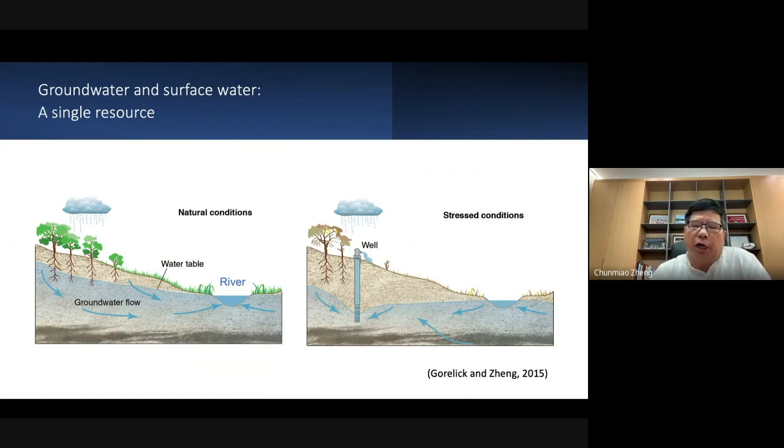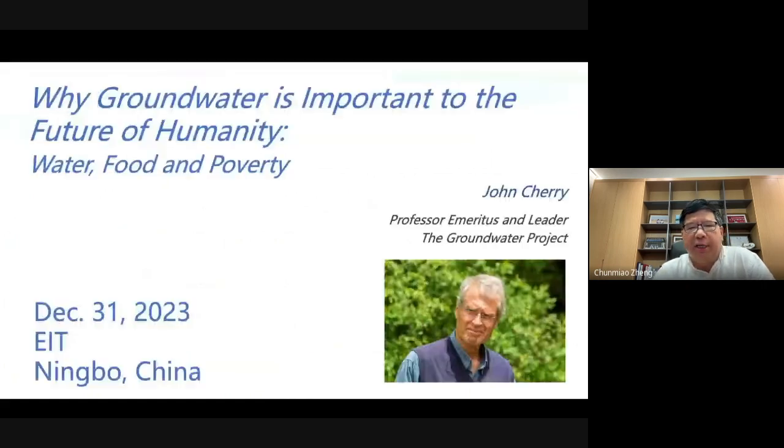But if you pump groundwater too much, overdraft, the water table declines, and actually there is reverse flow from the surface water to groundwater. The water table may then be too deep below the land surface and some vegetation will die. So this is a stressed condition. To protect the ecosystem, you really need to consider both groundwater and surface water together and manage them conjunctively.